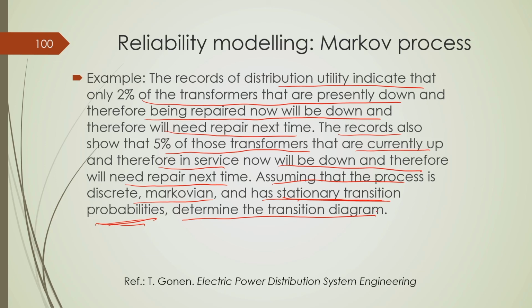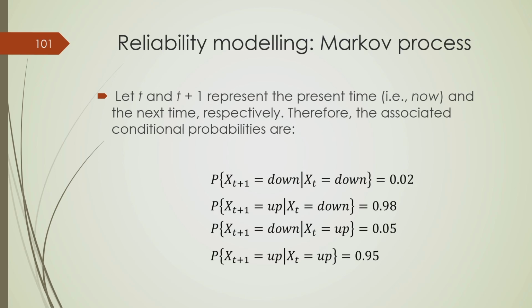Okay. So, here we have two states, one is up, another is down. So, it is a two state model. So, we represent that individual probability: those transformers which are down presently will be down after repair also, that probability is 0.02.